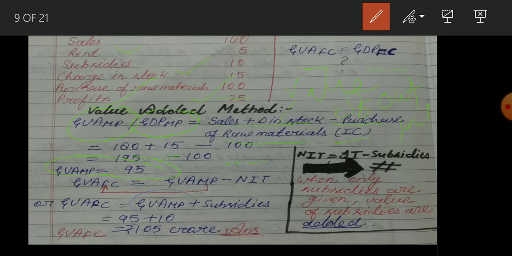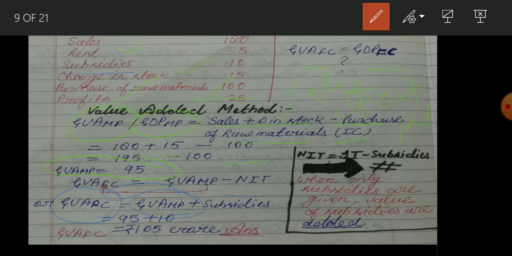We are having GVA MP, and what we have to find out is GVA FC. So here is only one difference, here is MP, here is FC. So when we are moving from MP to FC, we have to subtract NIT. But in this question, NIT is not given, only the value of subsidy is given. Indirect tax is also not given.